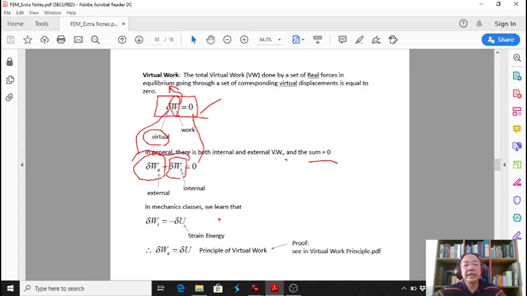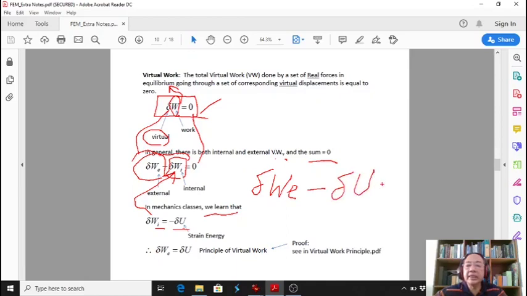So in mechanics class, we learned that virtual work internal is minus virtual strain energy. If we substitute here, virtual work external minus virtual U, where U represents the strain energy, equals 0.